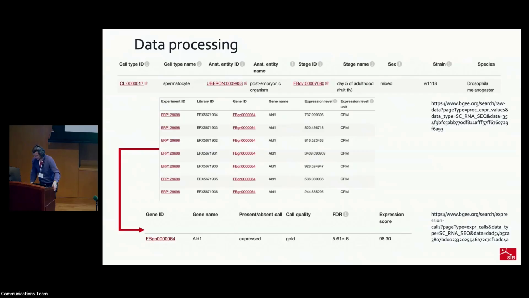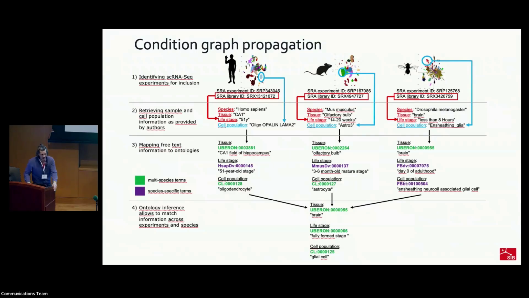Once we have that, we're going to propagate this information into a complex graph of conditions, integrating the anatomy ontology, the cell type ontology, and the life stage ontology. Here I show an example in 3 species, but basically on the left it's human, and on the right it's fly. In our first step, we retrieve the data and the information provided by the authors as free text.